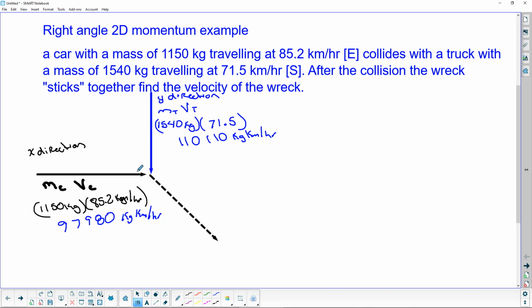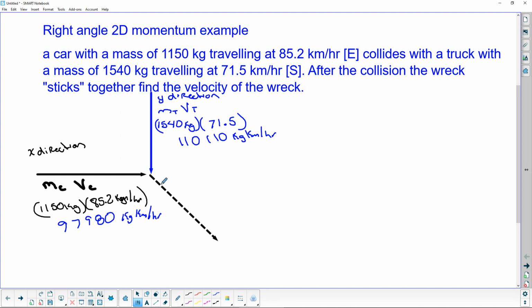So after the collision, the wreck is going to have the same y and x momentum, but its mass is going to be combined into one vector. So we're going to combine the two vectors to make a resultant vector to get our total momentum.